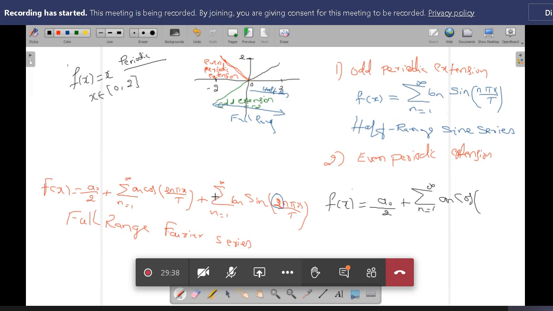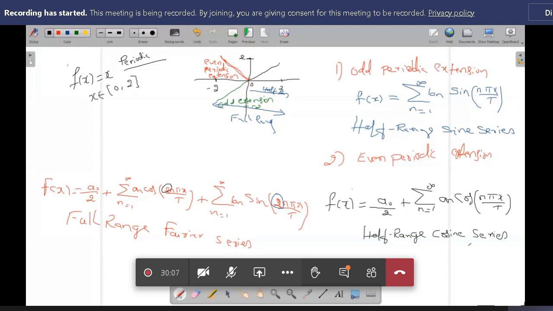So now in the full range it contains 2. So now in the half range it should not contain 2. That is cos n pi x by t. So this is what we call half range cosine series. Half range cosine series. So now let's take an example.